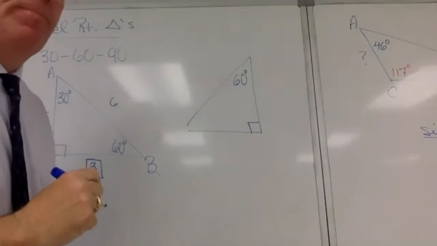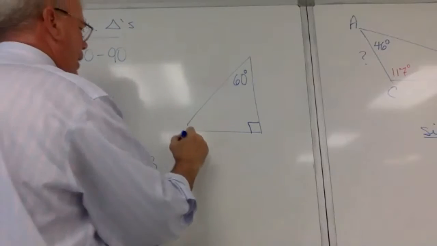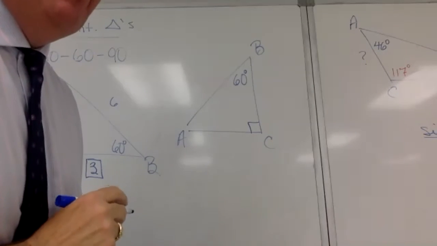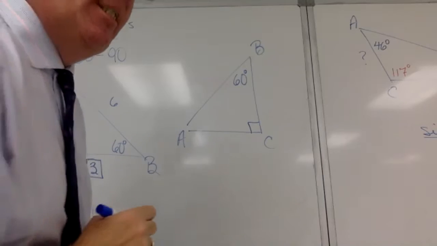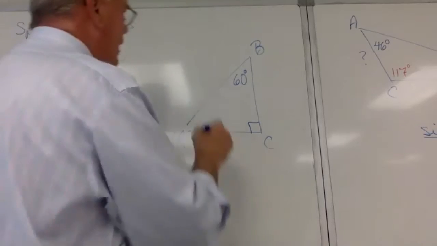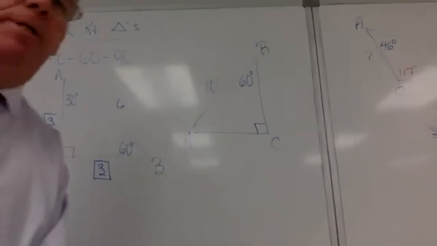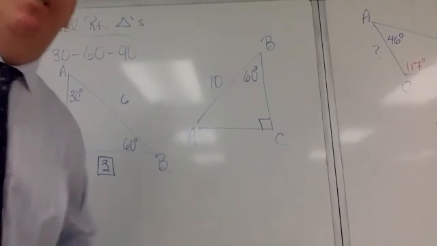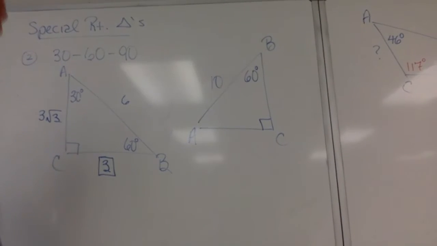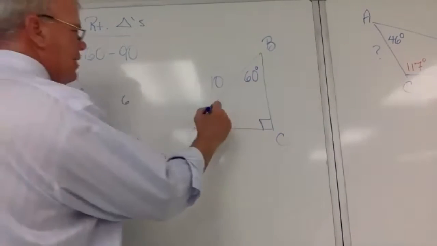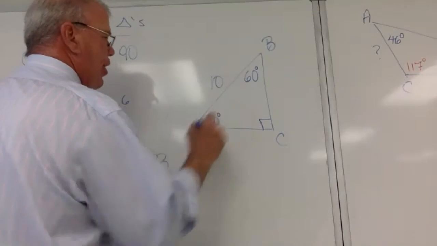This is A, B, C. And here's what I'm going to tell you. This is 10. All right, everybody see that? Now, what side did I give you? Hypotenuse. This is 60, right? So this has to be 30, right?